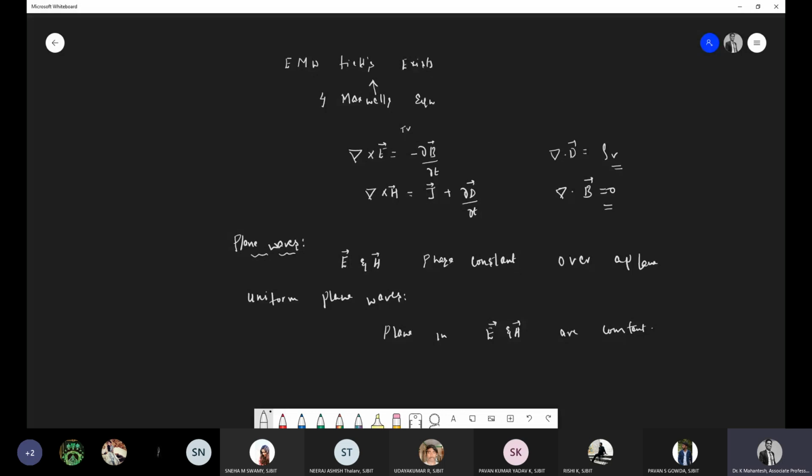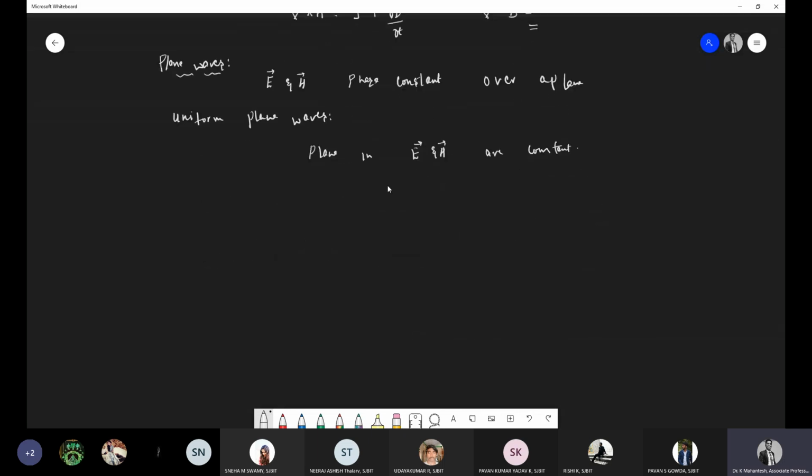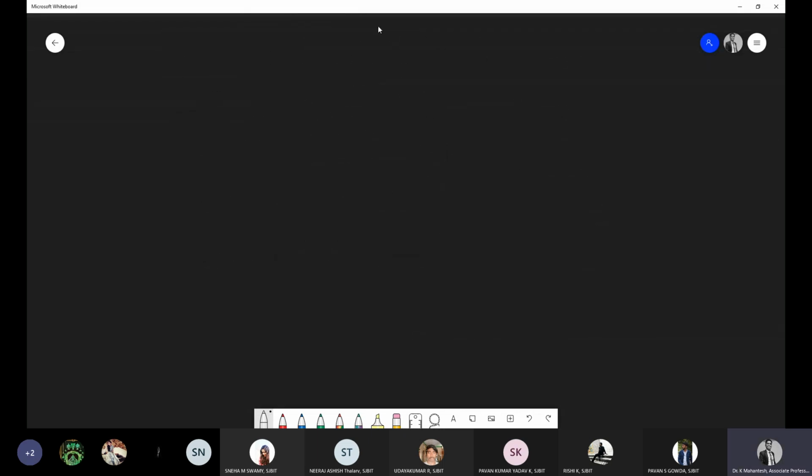So how could I represent a uniform plane wave on the graph or pictorially? You could see if this is the y coordinate and this is z and this is the x coordinate.